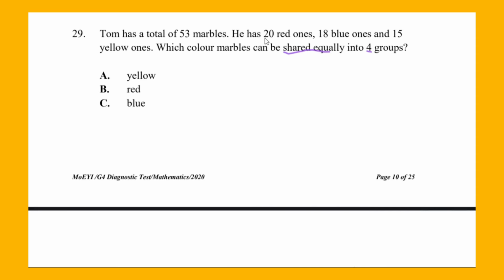Now, clearly, we can see that 20 is in fact a multiple of 4. 18 is not, and 15 is not. So our answer is 20 red ones.